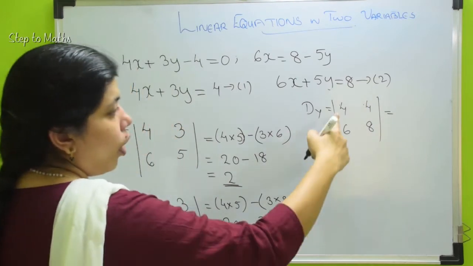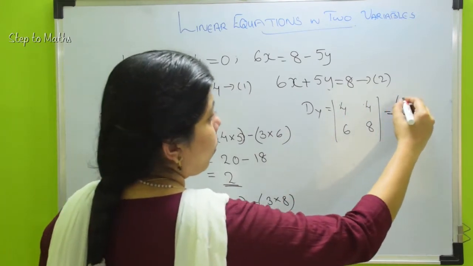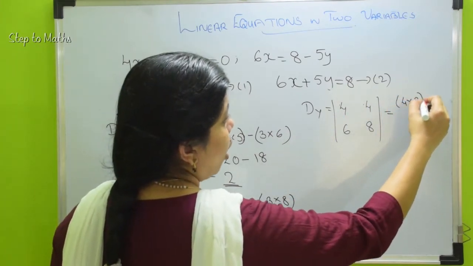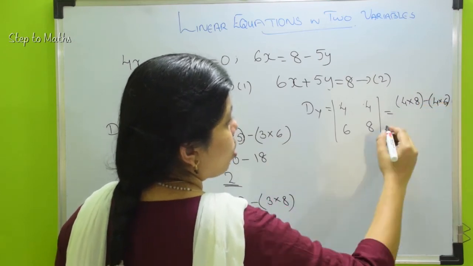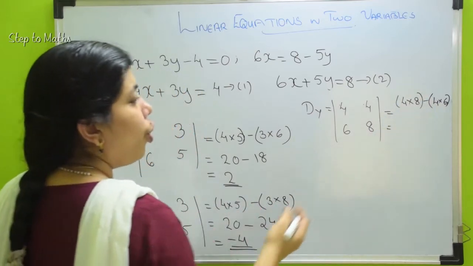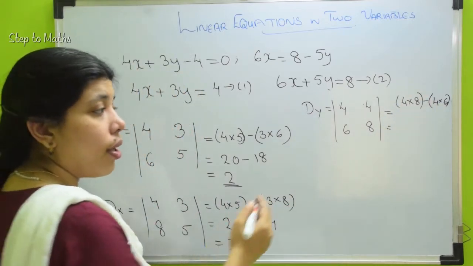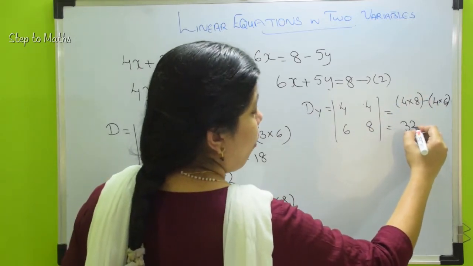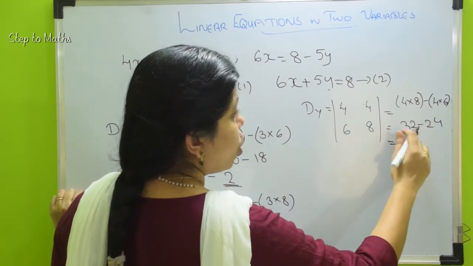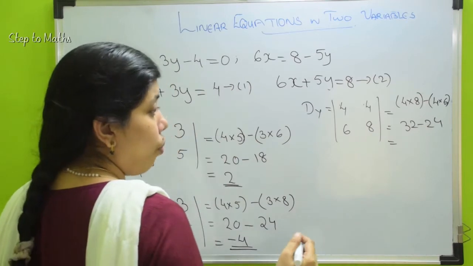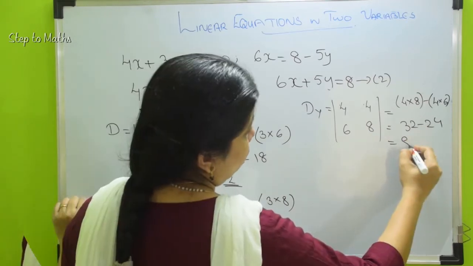Find the value: 4 into 8 minus 4 into 6. 4 into 8 is 32, minus 6 into 4 is 24. 32 minus 24 is 8.